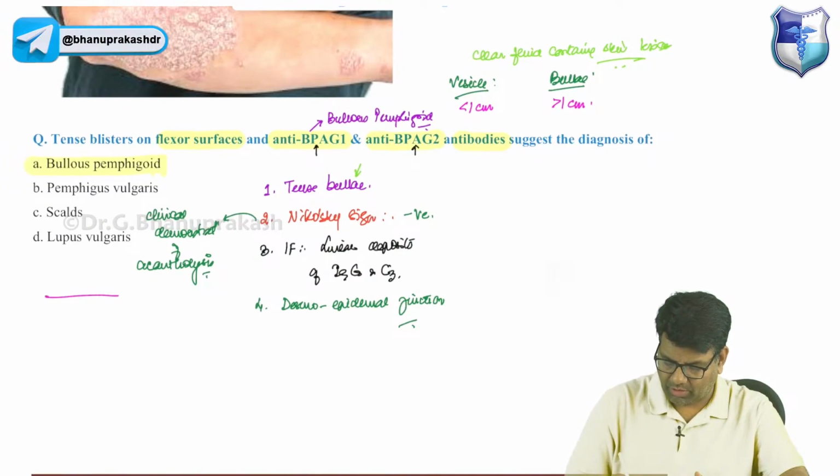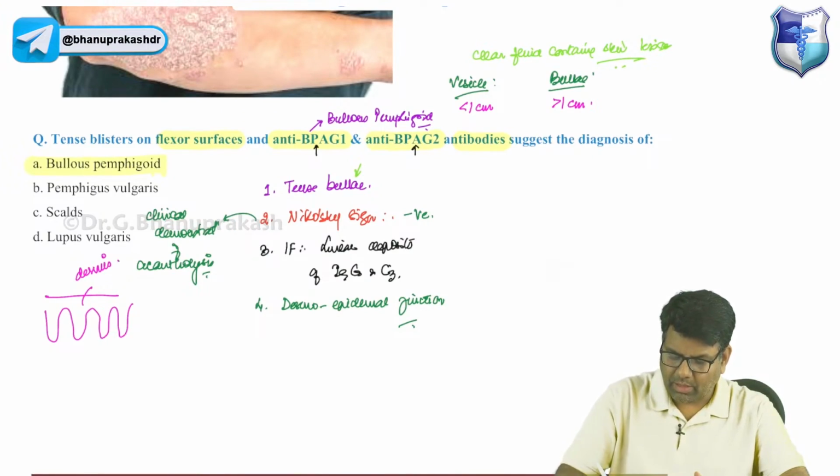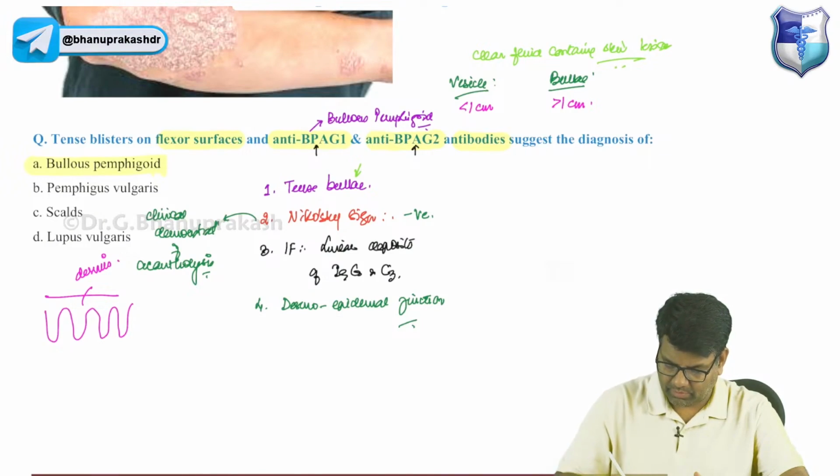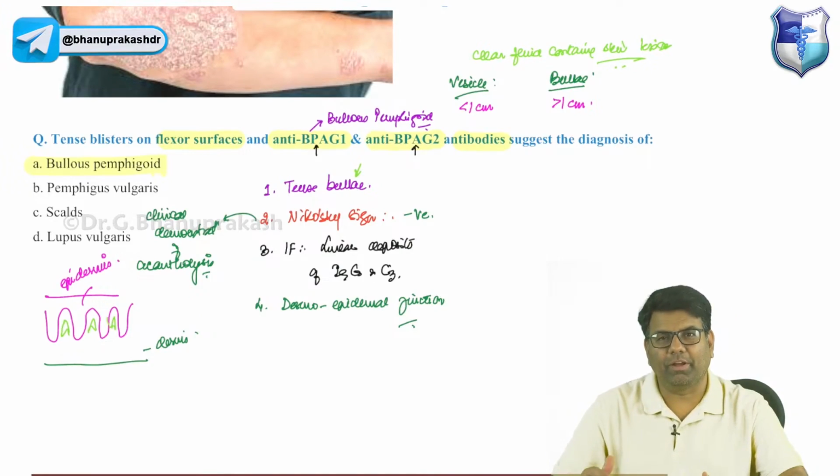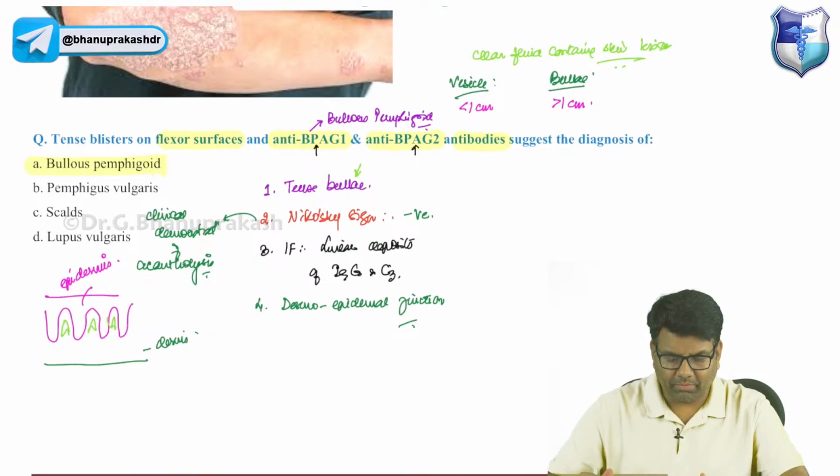If I draw it something like this, suppose this is dermis, and this is epidermis, and here we have dermis, then the blistering is somewhere here, at the dermo-epidermal junction. Yes, Gulshan, subepidermal, very good.